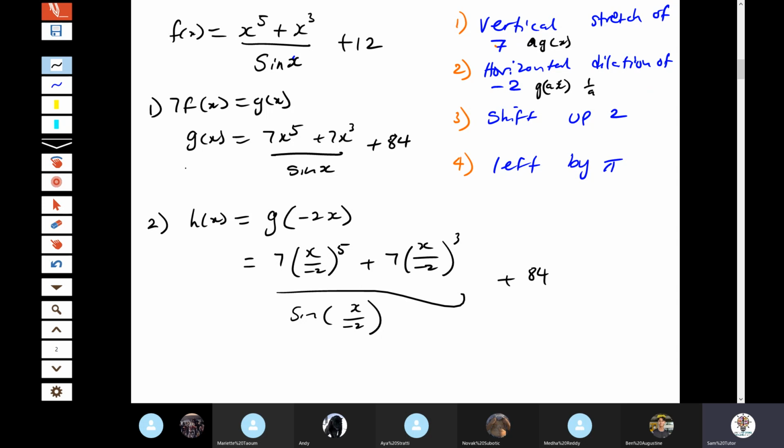Yeah, of course. You should see why that happens. Here, you're timesing the whole function by a. With this one, you're replacing your x's for ax, but it's not really ax, is it? It's 1 on a.